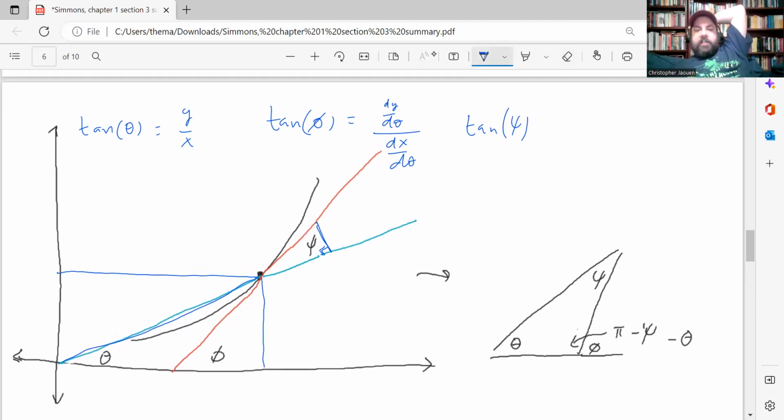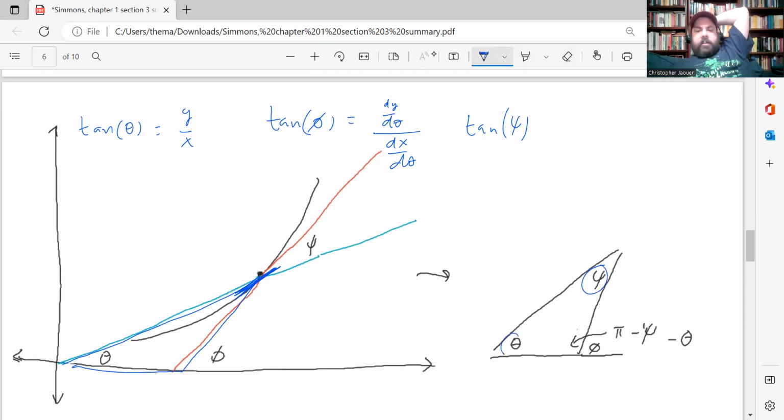So if I just clear the picture here and redraw this triangle, just so you can see what the angles are, these are alternate interior angles. I forget what they're called from geometry, but the angles here are the same, right?